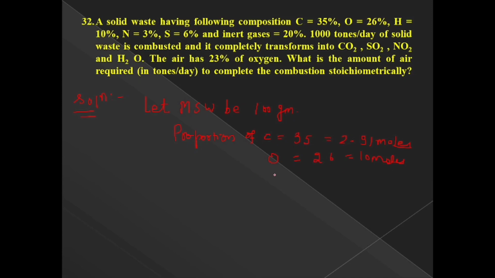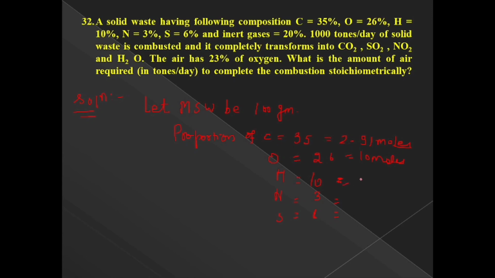So the proportion of hydrogen, nitrogen, sulfur is equal to 10 grams. You have to calculate the number of moles according to their given values that we have calculated in our characteristics of wastewater.